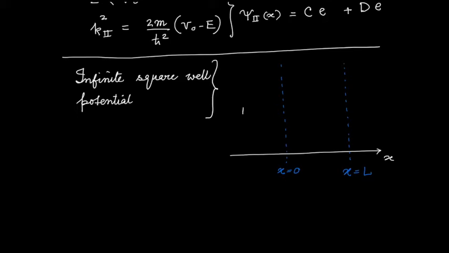In the region 1, so this is my region 1, here my potential is infinite. So is in region 3. See, it's an extreme case. Potential is infinite there as well. The potential in the region 2 is 0.